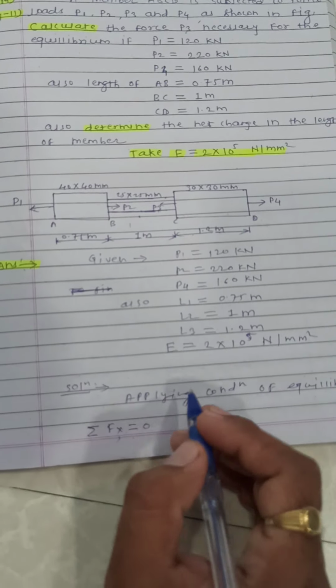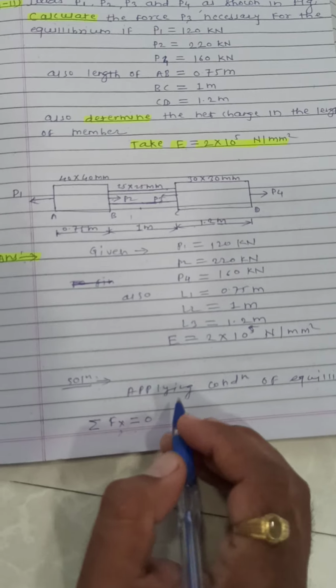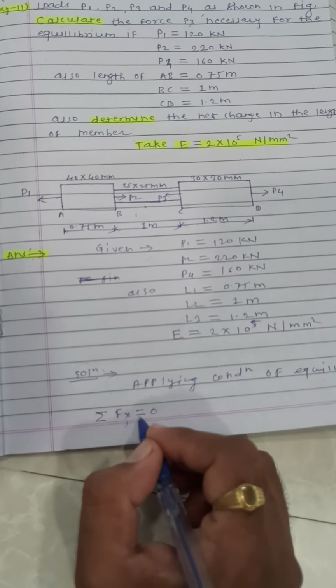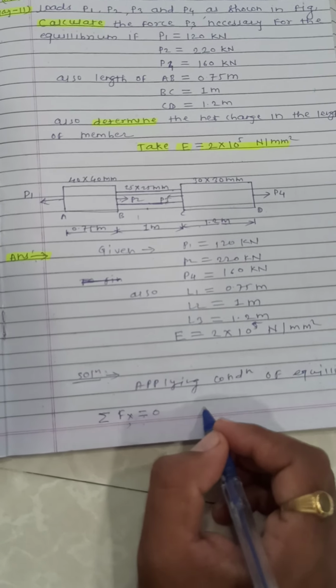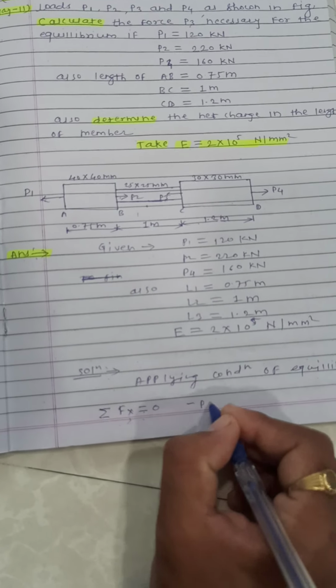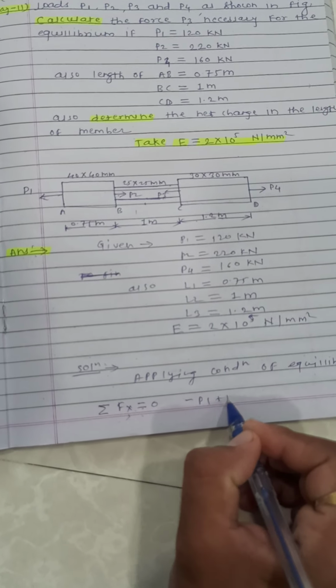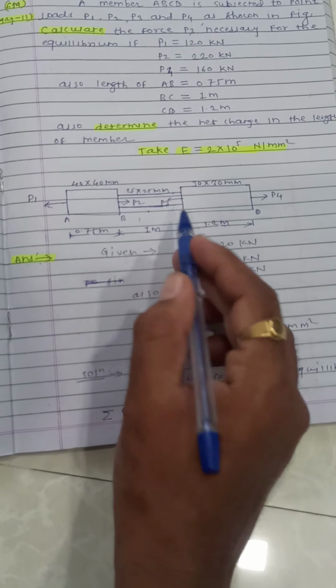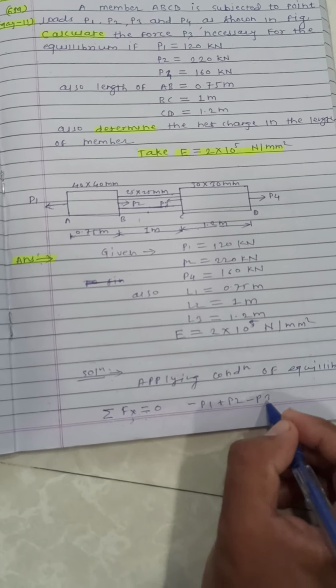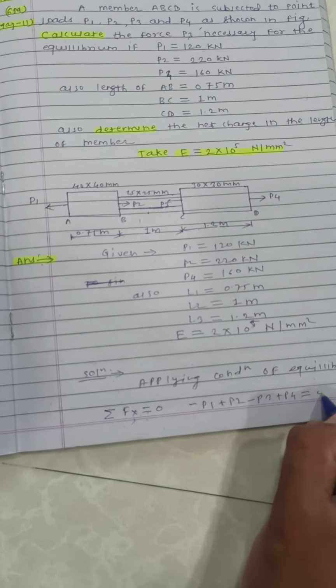So by applying the principle of equilibrium, this minus P1, this plus P2, this minus P3 plus P4 is equal to 0.